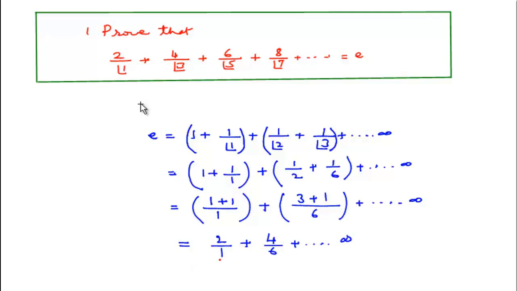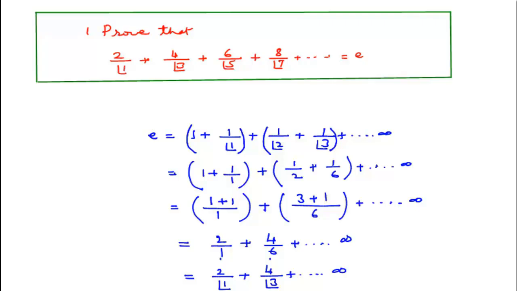Now 1 can be written as factorial 1. This 6 can be written as factorial 3. So this will be equal to 2 upon factorial 1 plus 4 upon factorial 3 plus and so on up to infinity. And likewise the other terms can also be computed. So this is what we are required to prove.